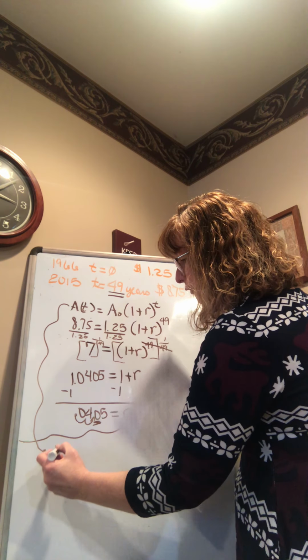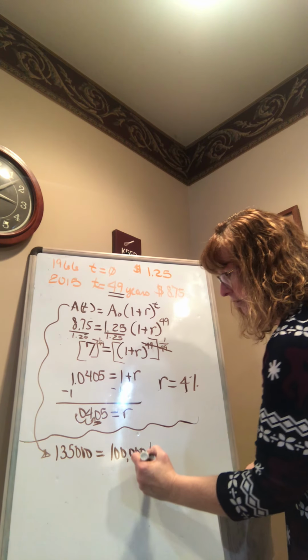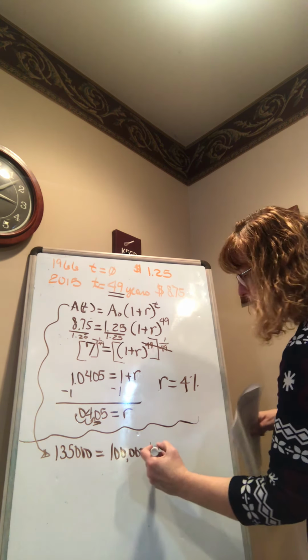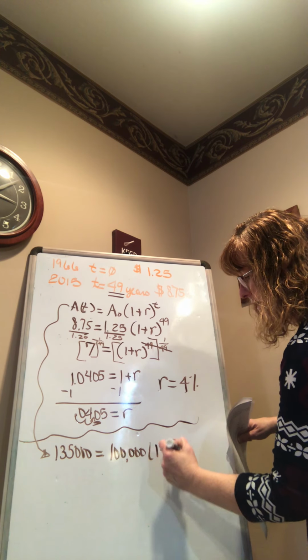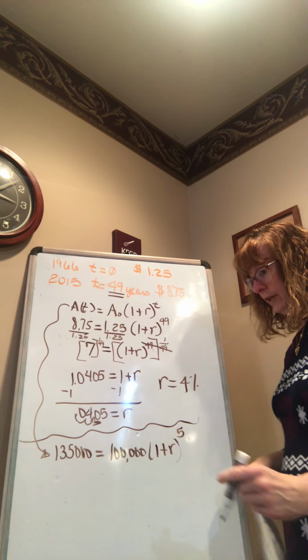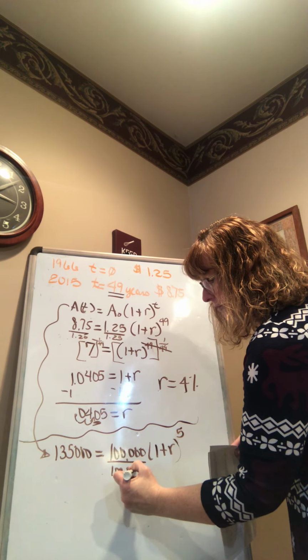The house sold for $135,000. It was originally purchased for $100,000. And I don't know what the interest rate is, so 1 plus the rate. And it was held for 5 years. So you're dividing out your $100,000.